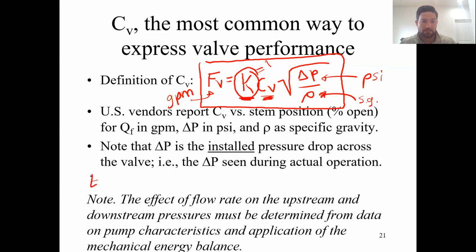So again, for equal percentage, CV as a function of X equals, well, we don't have an equation for that. We are going to get this from a table. Okay, so I was kind of setting that up a little bit.